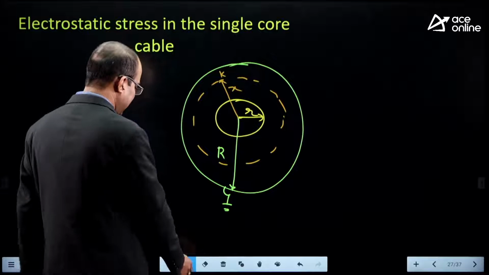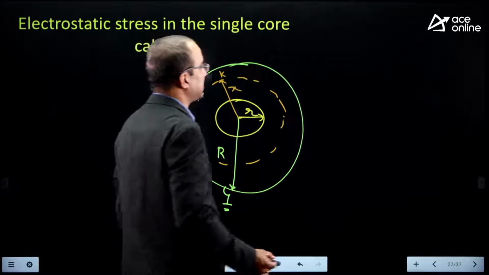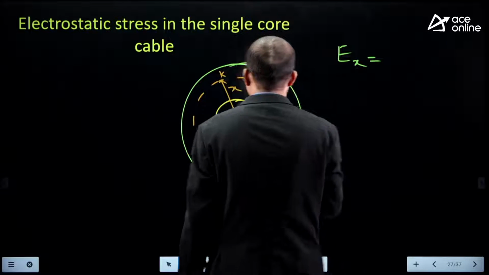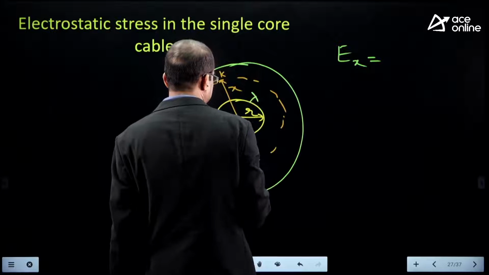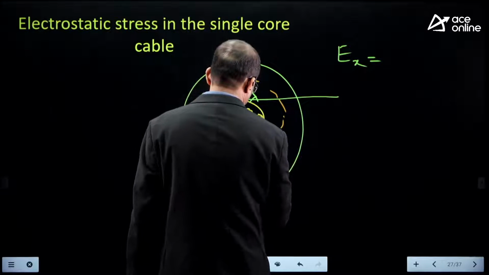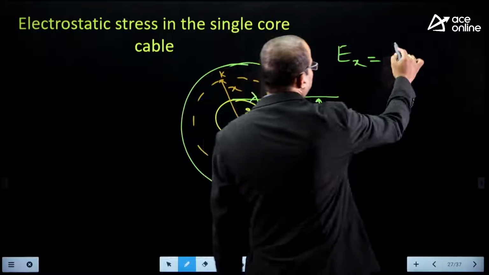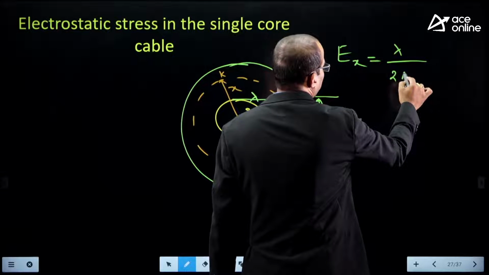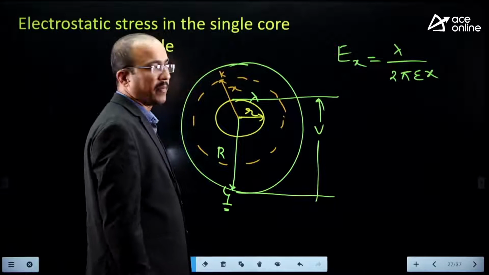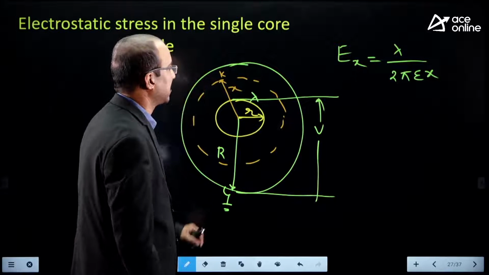Ex can be calculated as follows. If the electrostatic charge is lambda and the cable is operating at a voltage of V, then Ex can be written as lambda by 2 pi epsilon x, at a distance of x.